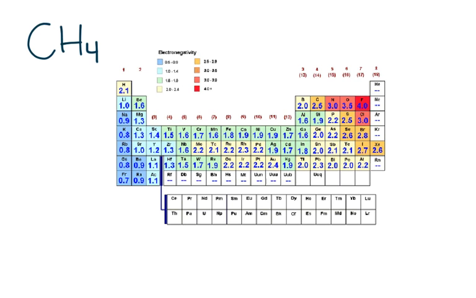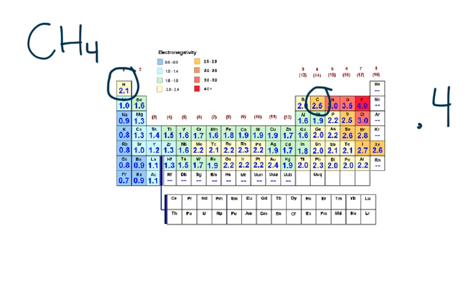So if we look at CH4, let's look at methane. We've got carbon and hydrogen. If we look at our values, hydrogen 2.1, carbon is 2.5. That's only a 0.4 difference. Those numbers are so close together, they pretty much have an equal attraction.